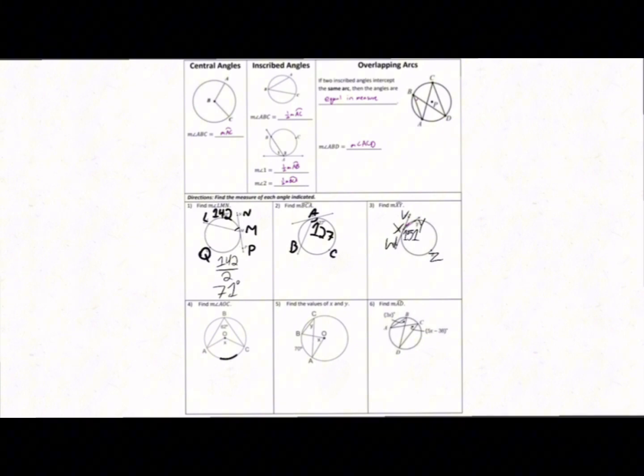So 142 divided by 2 is 71. Again, this is the inscribed angle, except this time we have an inscribed angle, not the arc. So 127 times 2 is 254.